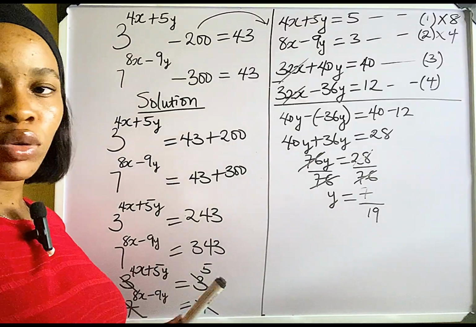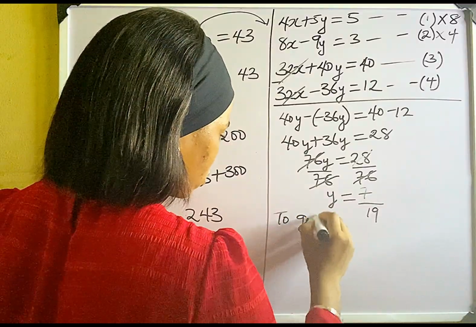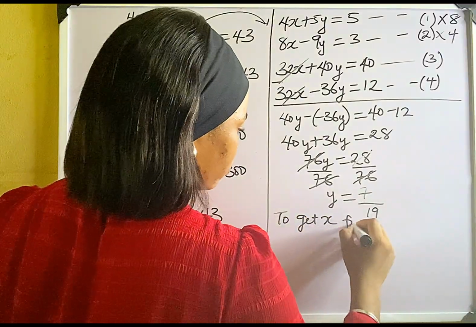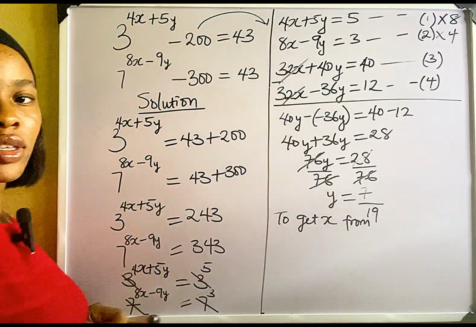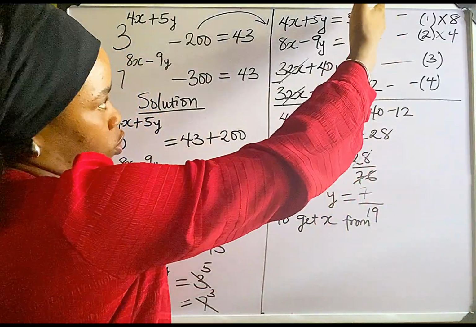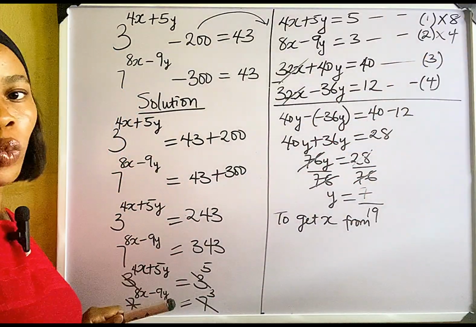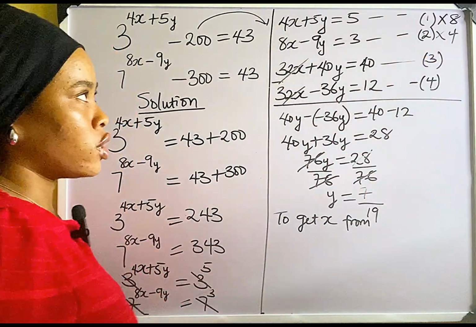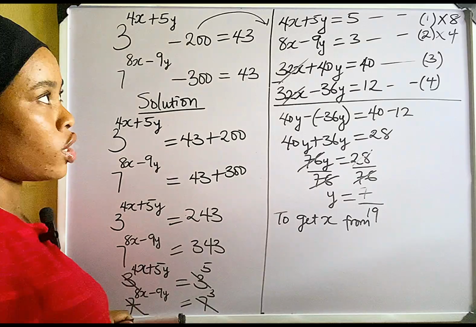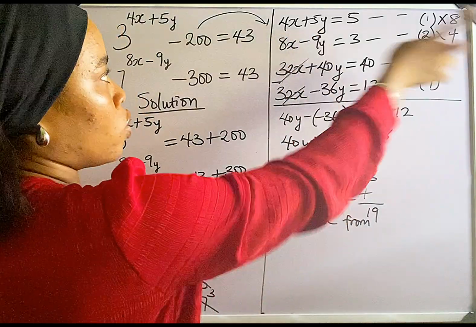So now let's look for x. To get x, we can choose any of the equations and either use equation 1, equation 2, equation 3 or 4, but we want to make things very easy for ourselves, so we simply choose an equation that won't give us much stress. So I'll go with equation 1.